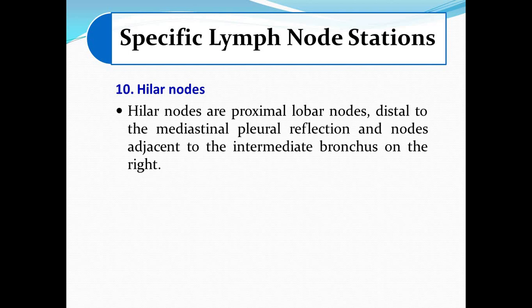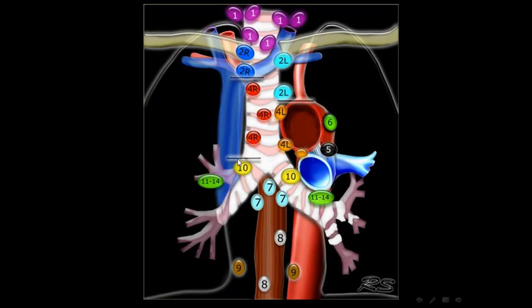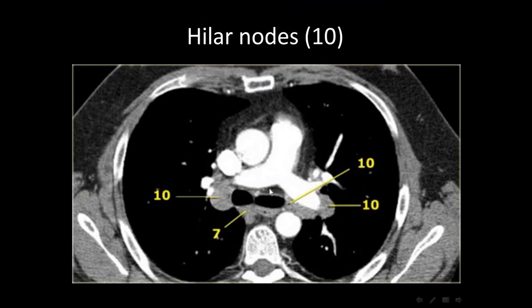These nodes are proximal lobar nodes, distal to the mediastinal pleural reflection, and nodes adjacent to the intermediate bronchus on the right. So, 10th are the ones that are within or around the hilum of the lungs. Here, 10. These are hilar lymph nodes.